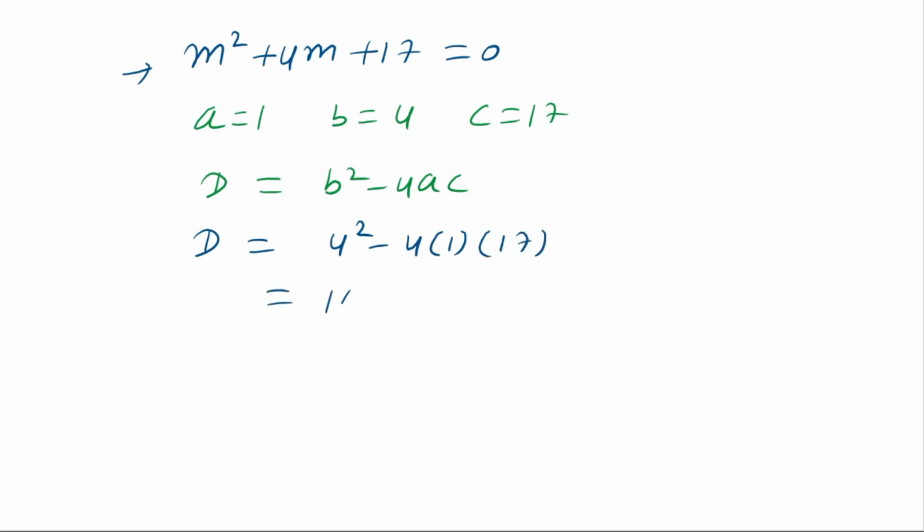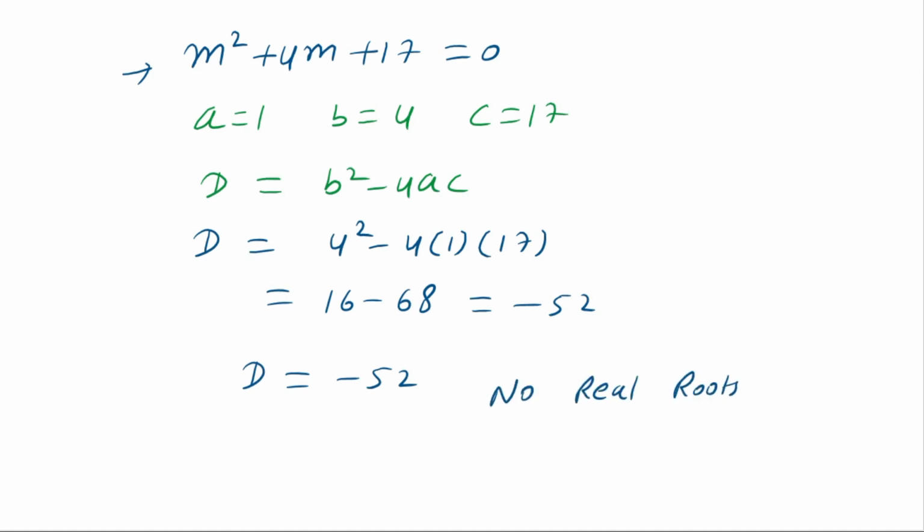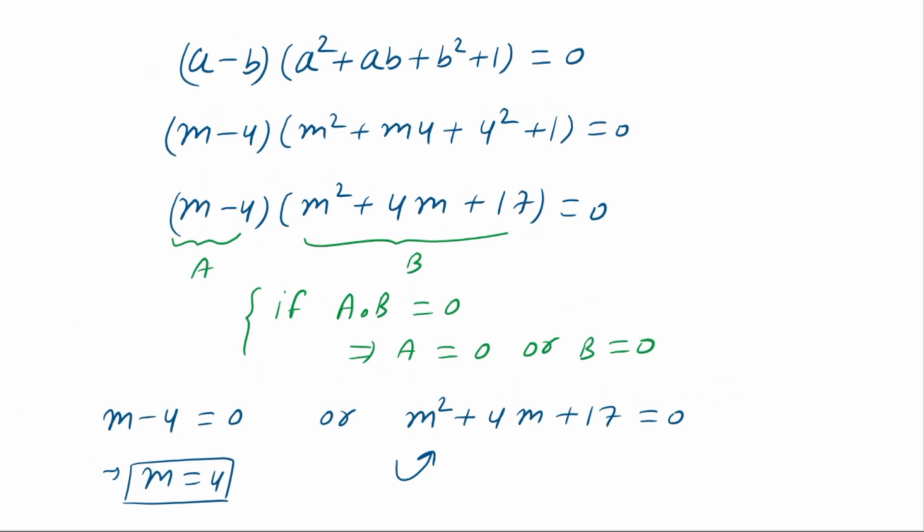Now 4^2 is 16, minus 68. If you subtract 68 from 16, you will get -52. So the discriminant of this quadratic is -52, which is negative. So we can say no real roots. So we have m = 4.